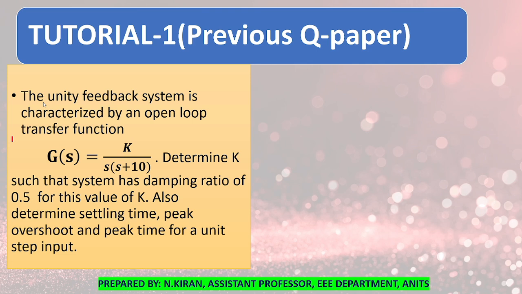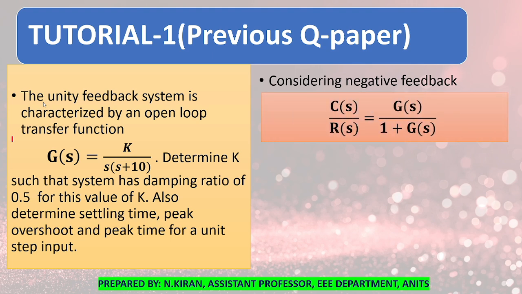So we are given the open loop transfer function. Since it is a unity feedback system, H(s) is equal to 1. By default we always consider negative feedback system.